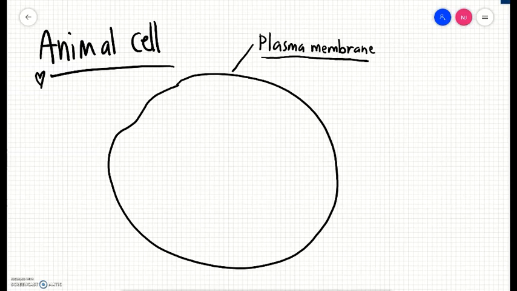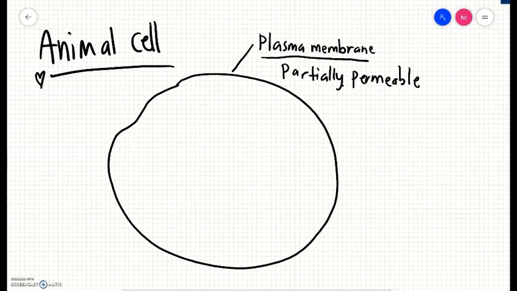This plasma membrane is also partially permeable. Okay, what is partially permeable? Partially permeable means that this plasma membrane only allows certain substances to pass through the membrane.